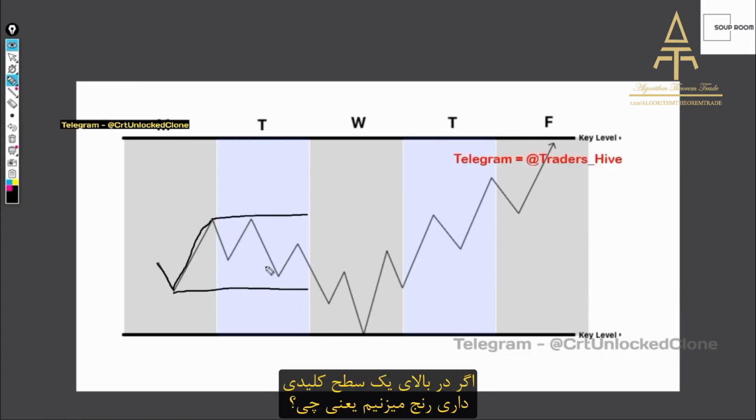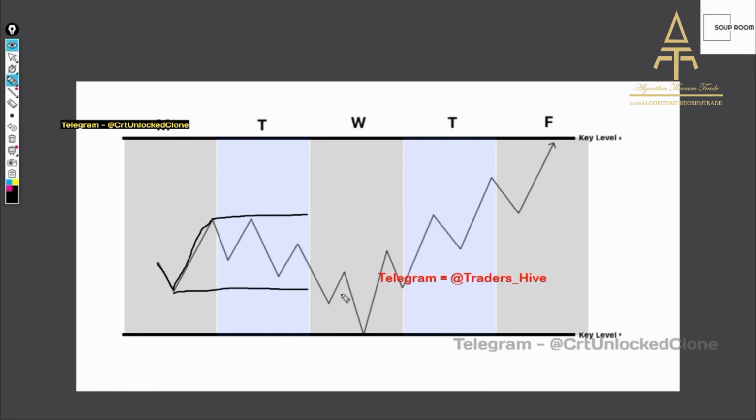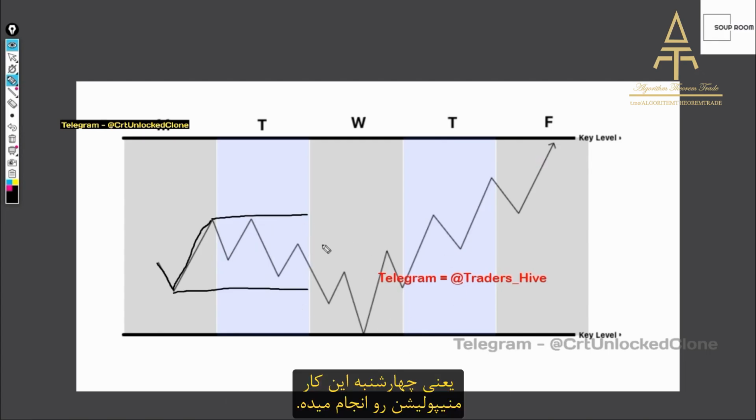If we are ranging above a key level, what is likely to follow through? This is from the previous chapters. What follows a range above a key level? A manipulation into the key level. That means that Wednesday will manipulate below Monday's lows, below Monday's CRT, and hitting a key level.